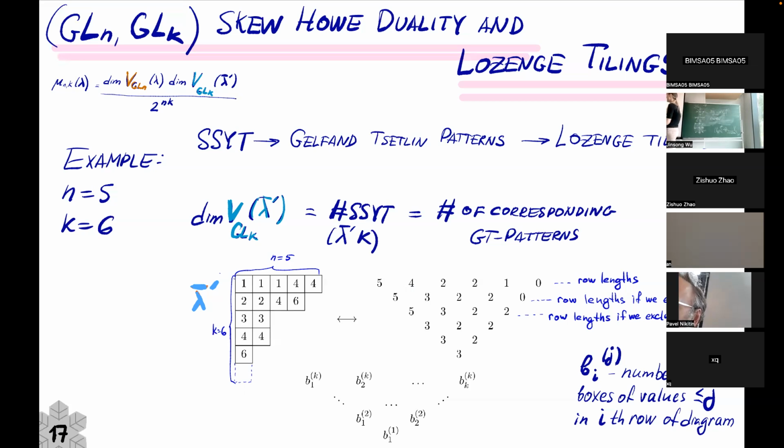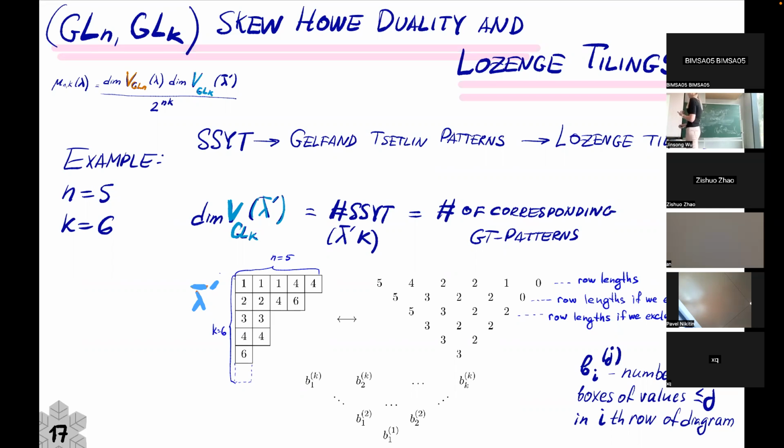And everybody knows that we can count this by counting the corresponding GT patterns. If we construct the GT pattern corresponding to this diagram, it is this triangular array, which has a recipe for doing that. But there is an easy way to memorize how the GT pattern can be constructed from the tableau.